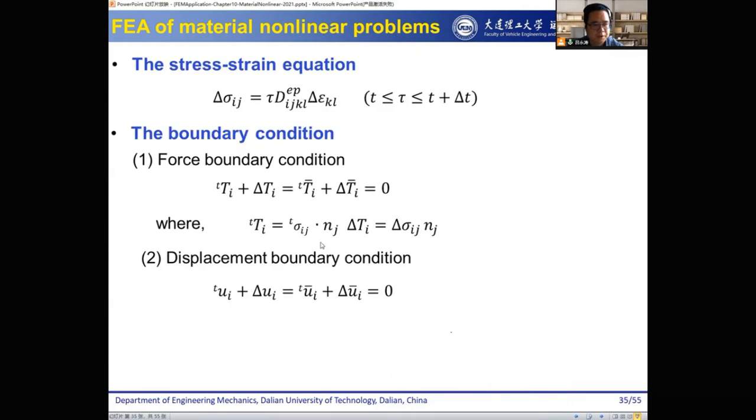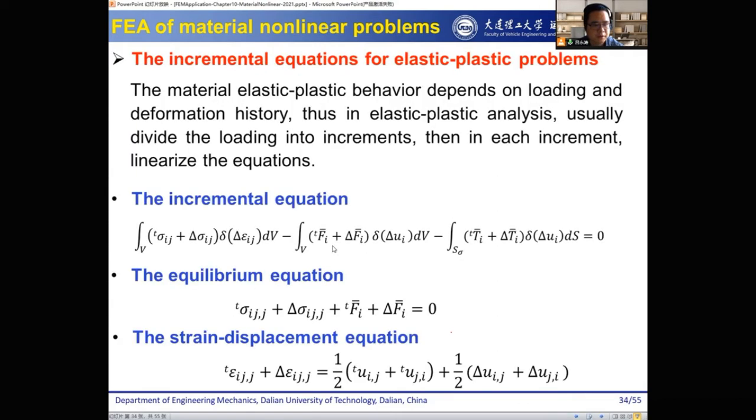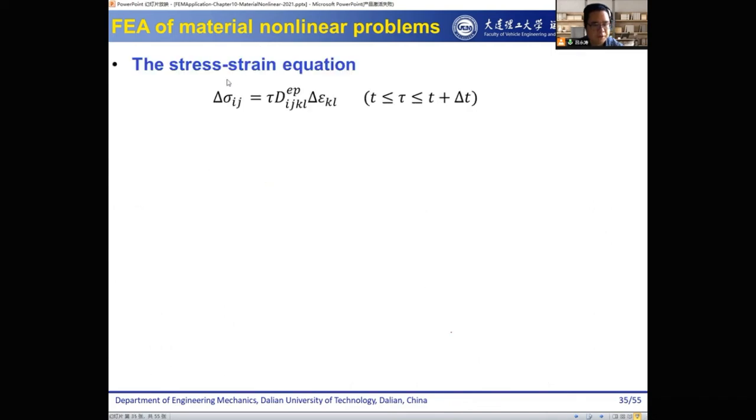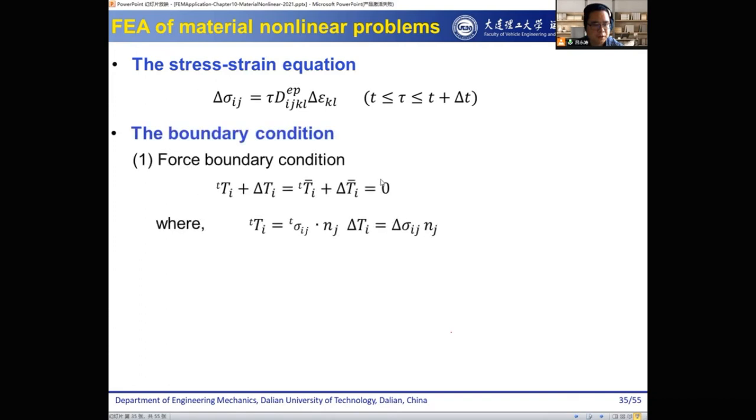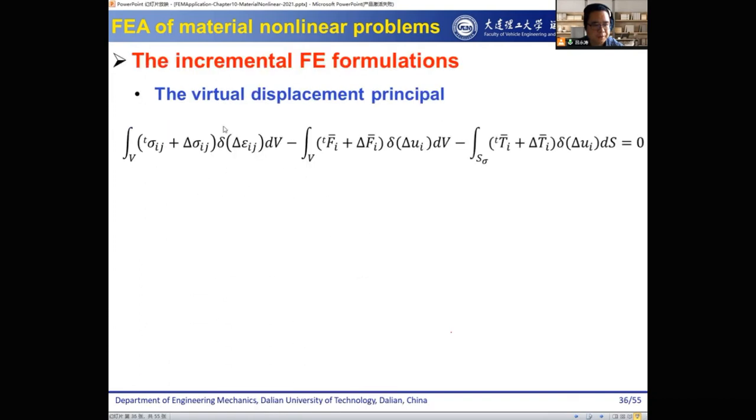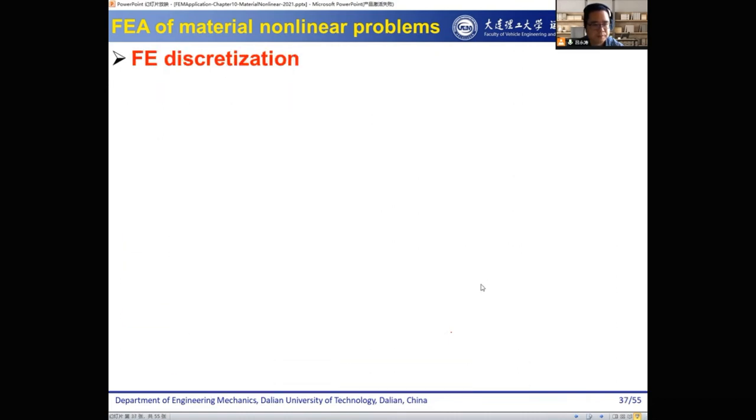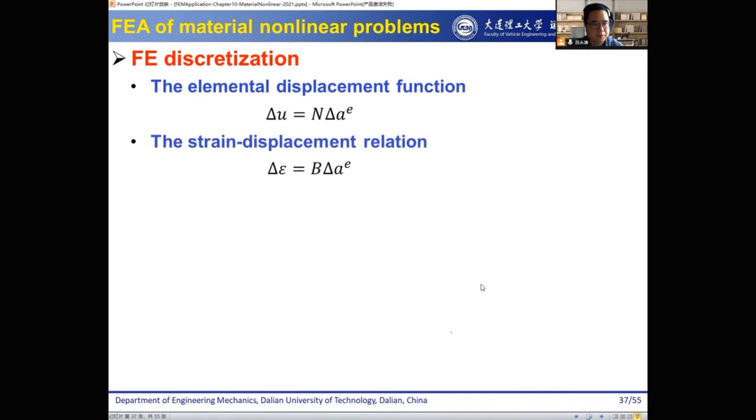The procedure is the same. You have the equilibrium equation, the strain displacement equation, the stress strain equation, the boundary conditions, and the virtual displacement principle. These are all the same as the previous lectures. Then we do the FE procedure.